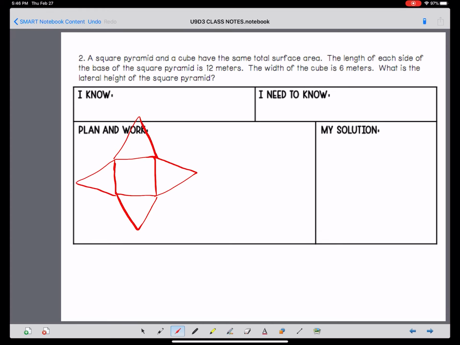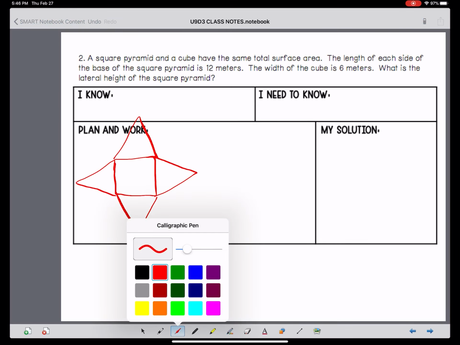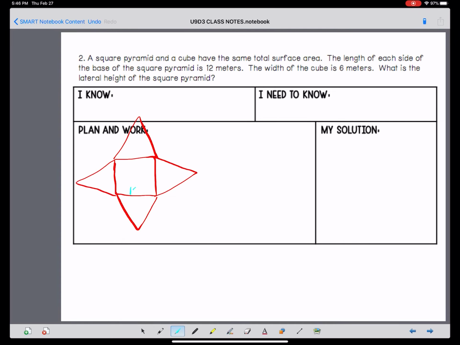And it's telling us here that the base of the square pyramid is 12 meters. I'm going to use a different color. If the base here is 12 and it's a square, that means the height is also 12, okay?